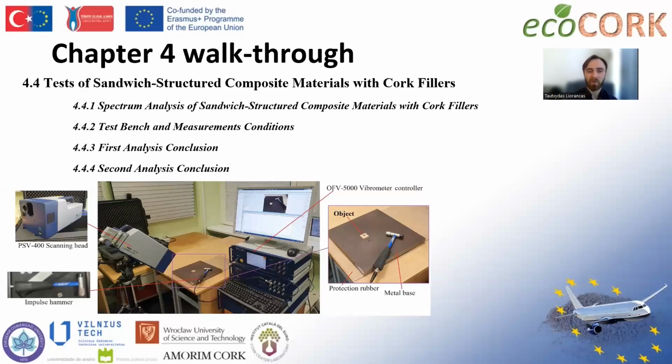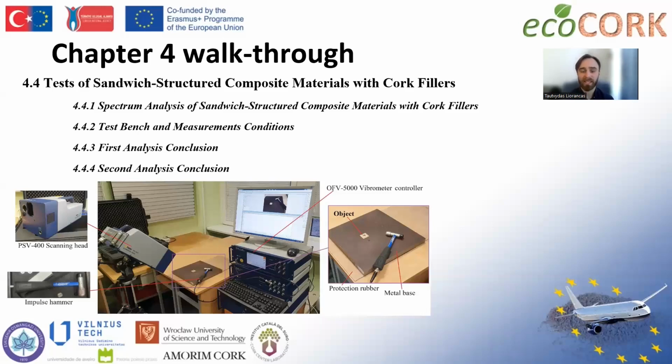The first conclusion showed that different cork grain sizes are very influential for the material damping properties. The result concluded that cork with bigger grain size has better damping performance than cork with smaller grain size. The second analysis was performed by comparing cork fillers with foam filler that is usually used in aviation.